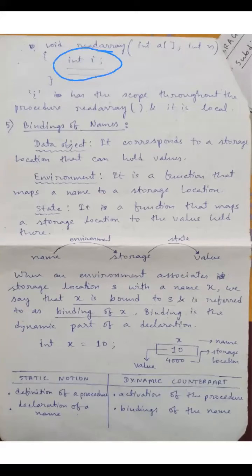That means this variable i cannot be accessed from outside the read array function, so i is a local variable of this function. Any variable declared outside any function can be accessed throughout the code, by any function in the code. That variable is called a global variable.